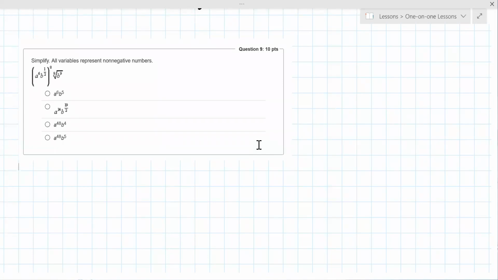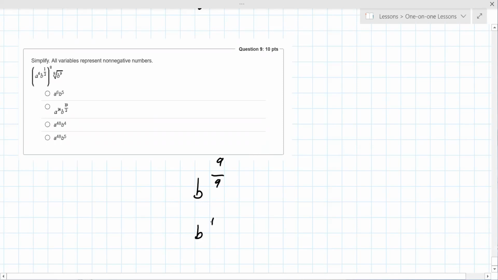It's the last dot. Okay. How did you come up with that? So first, for the square root, I would put b to the power of 1.